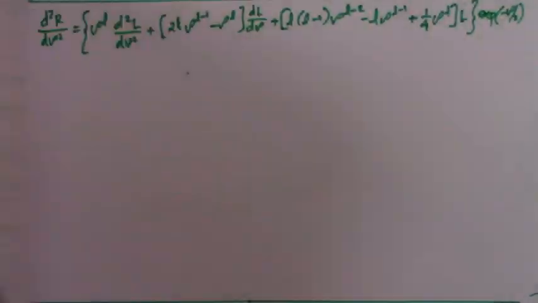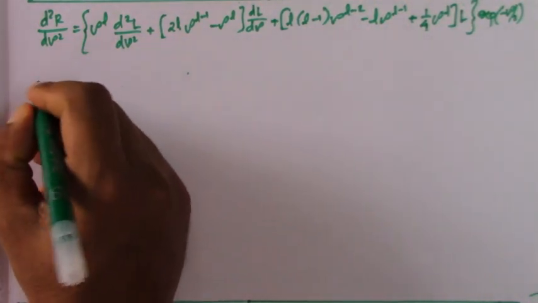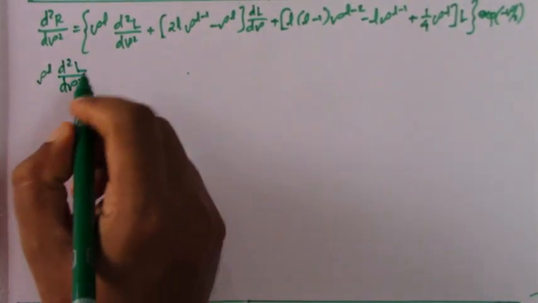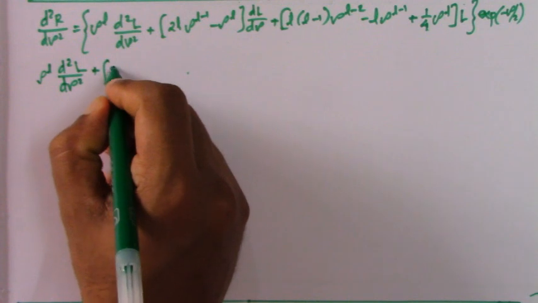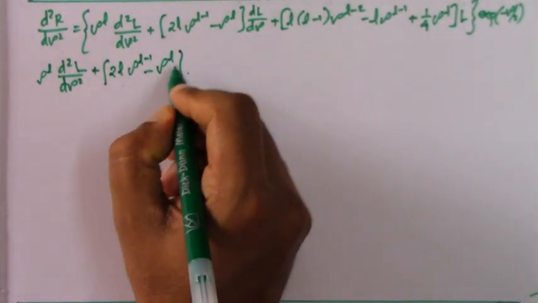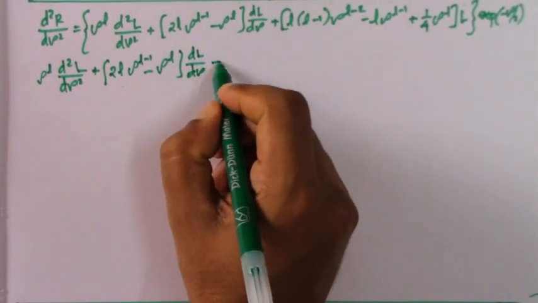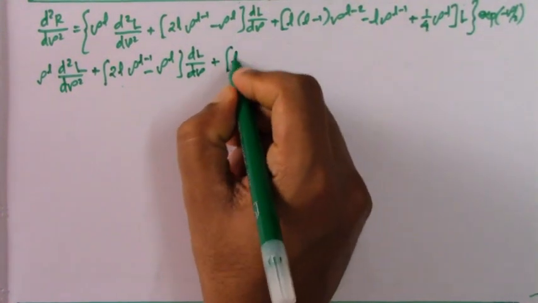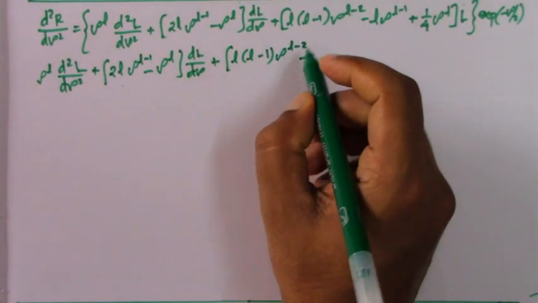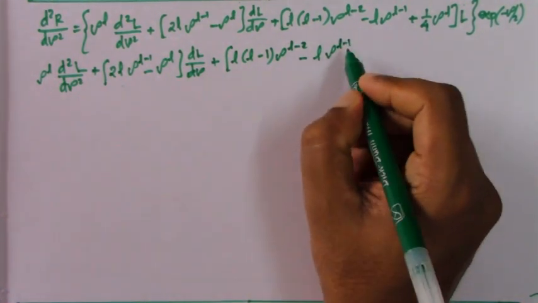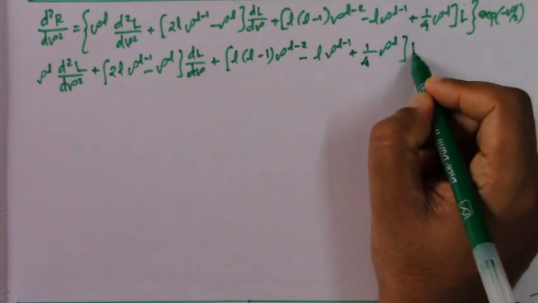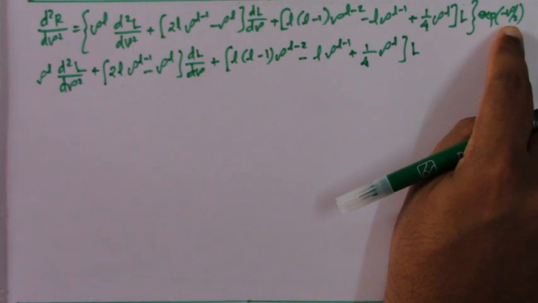First, d square R by d rho square, that is this one: rho raised to L d square L by d rho square plus, within the bracket, 2L rho raised to L minus 1 minus rho raised to L, multiplied by dL by d rho, plus L into L minus 1 rho raised to L minus 2 minus L rho raised to L minus 1 plus 1 by 4 rho raised to L, multiplied with L. Then the whole thing is multiplied with exponential minus rho by 2.